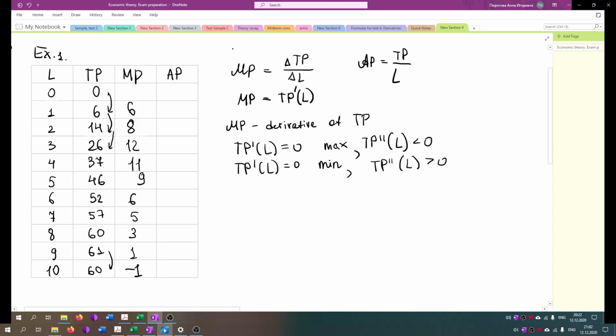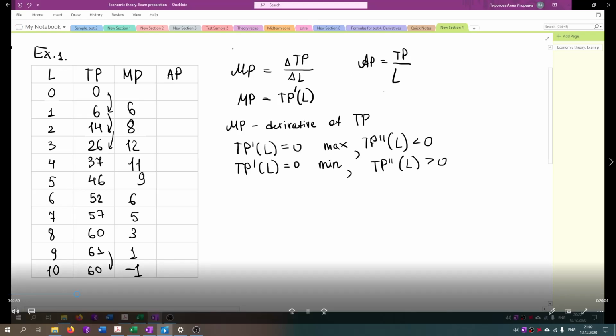And about average product, it is equal to total product divided by the quantity of labor. So how do we find it?